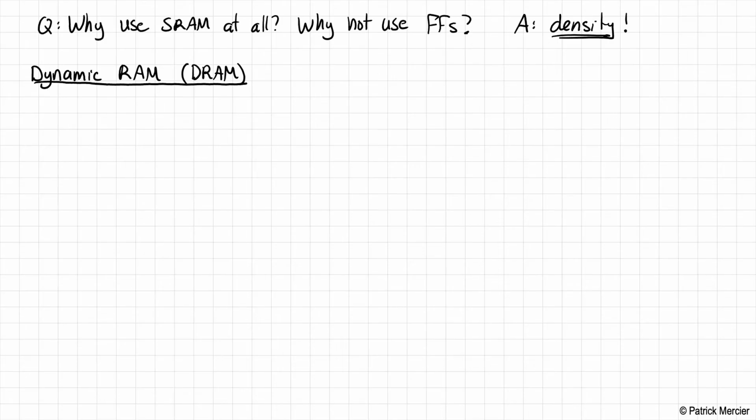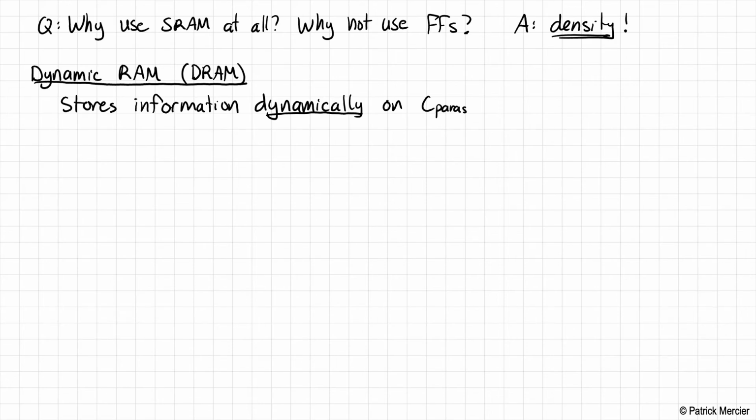Okay, so as the name implies, DRAM stores information dynamically, as the name implies, of course, on parasitic capacitance, C parasitic, sometimes called C cell, the cell capacitance.